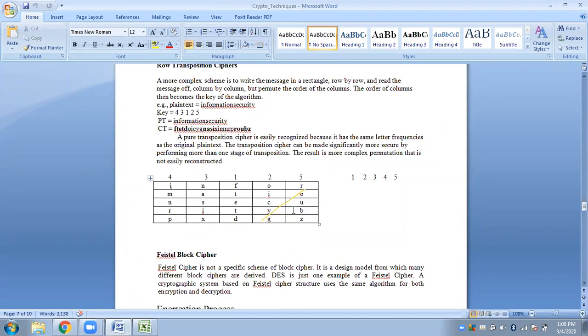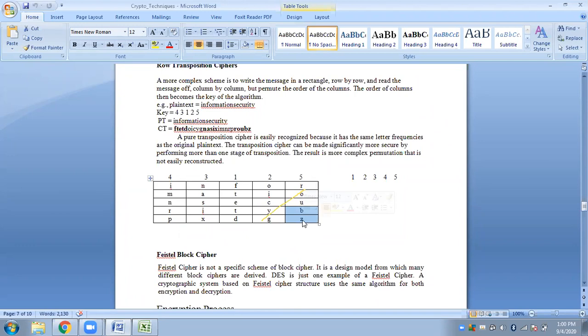Once you fill up all the plain text in the matrix, you will be left with some blank spaces, and you need to fill them up. For that, you can choose any alphabets you wish. There can be repetition or not, it is up to you.